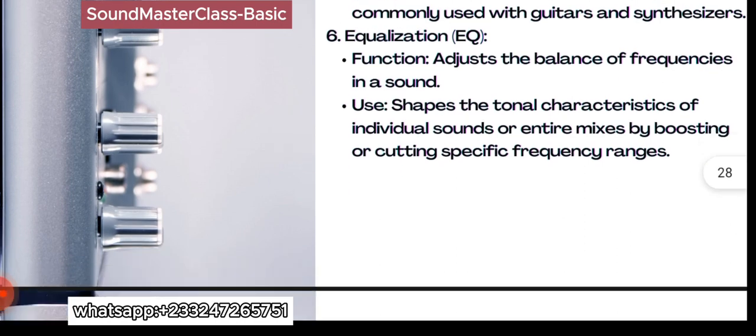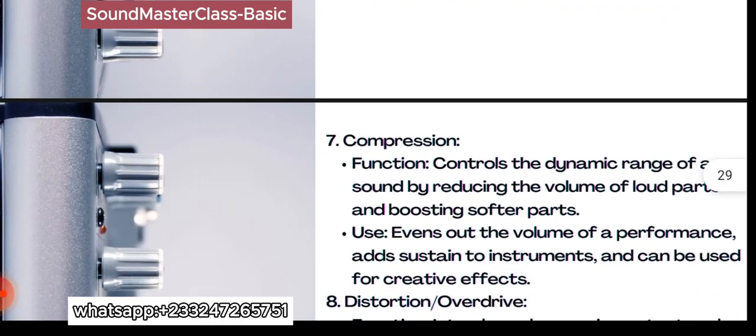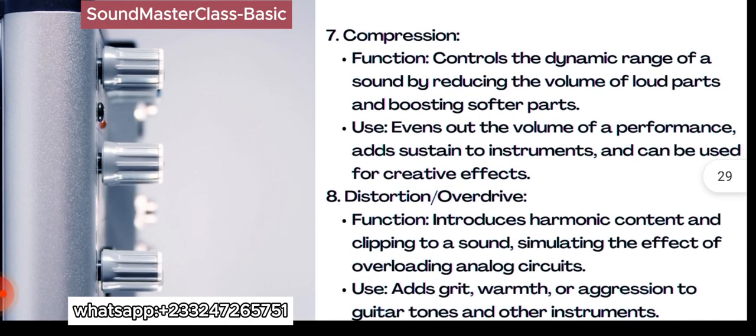Number seven, compression. Function: controls the dynamic range of a sound by reducing the volume of loud parts and boosting softer parts. Use: evens out the volume of a performance, adds sustain to instruments, and can be used for creative effects.